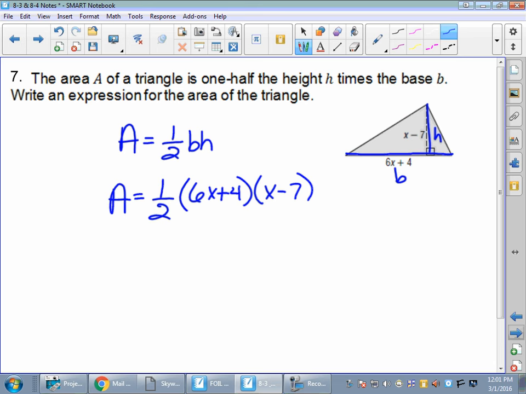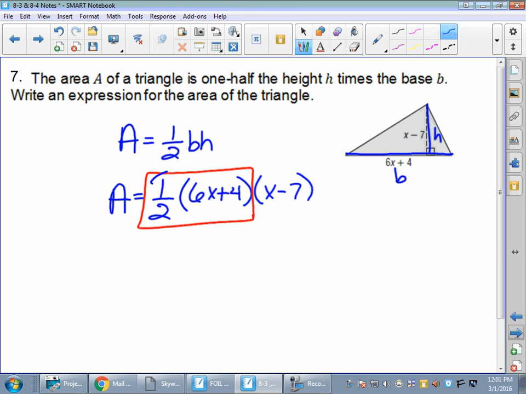So we actually have three things being multiplied together here. You could take half of one of those numbers and then multiply by the other. Whenever you multiply 3, you pick 2 to multiply together, clean it up, and then you multiply by the third number. So I'm actually going to pick these two because what I'm seeing is that 2 goes into 6 and 2 goes into 4. So I'm going to distribute, and I'll deal with x minus 7 afterward.